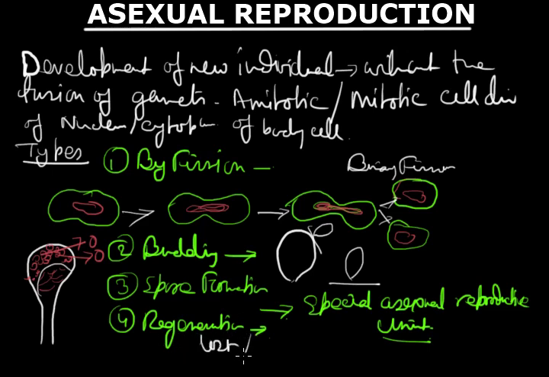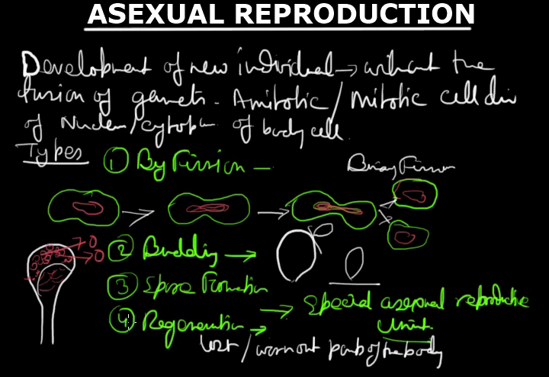So, there are normally 4 types of asexual reproduction: fission, budding, spore formation, and regeneration.